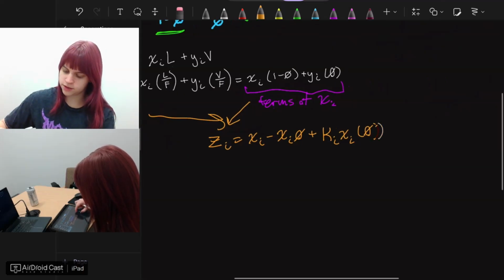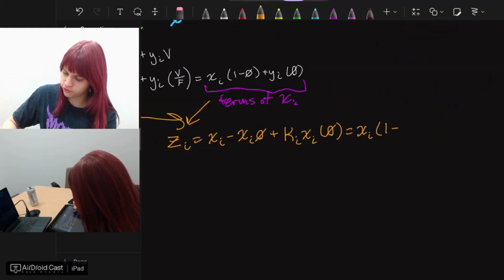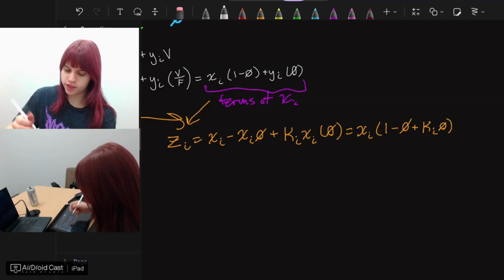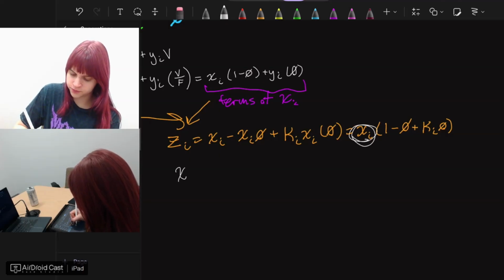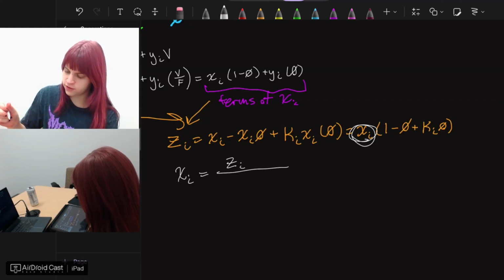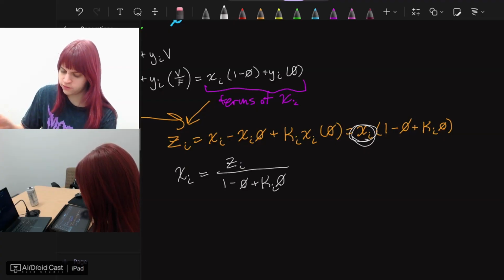And then we can take out the Xi to further simplify this. We have 1 minus phi plus Ki times phi. Now we know that we can take this Xi and say that it is equal to the feed composition divided by 1 minus phi plus Ki phi.